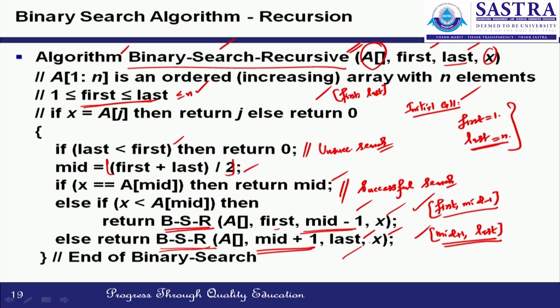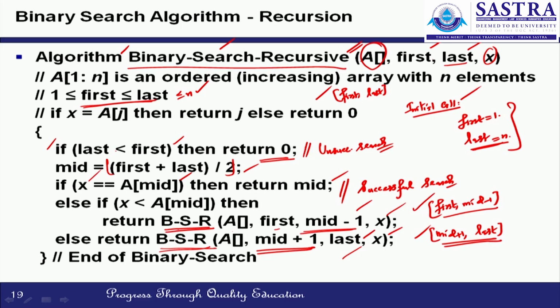This is the recursive binary search. Clearly, when the recursion is terminated, the condition last less than first is true. When last less than first is true, the recursion terminates here, and the value 0 is returned. This results in an unsuccessful search. During a successful search, the value of a of mid is equal to x one time.